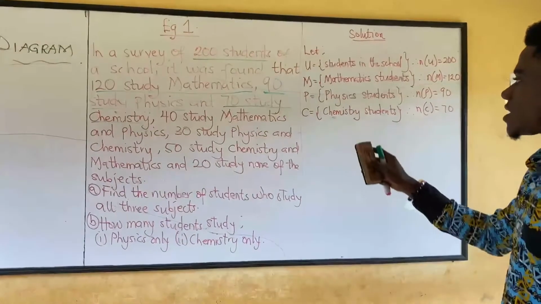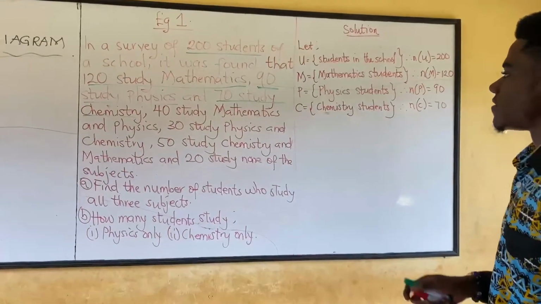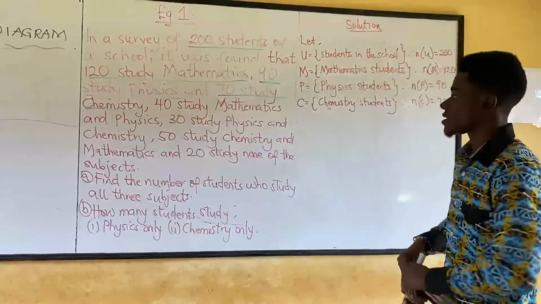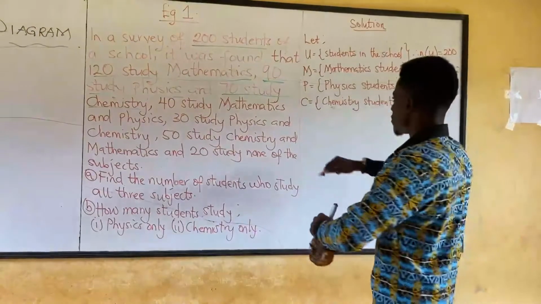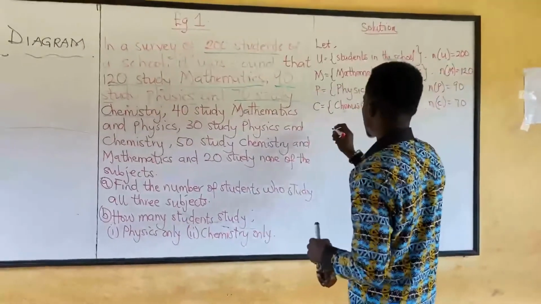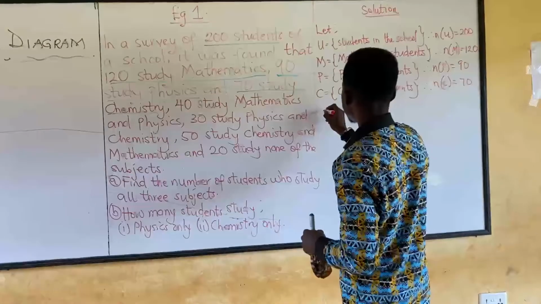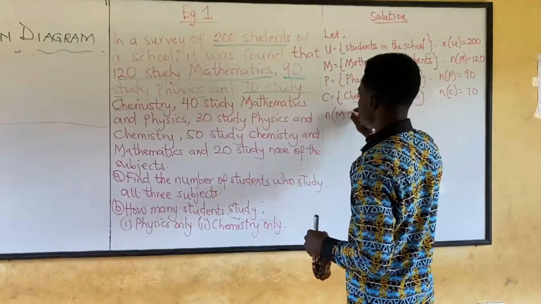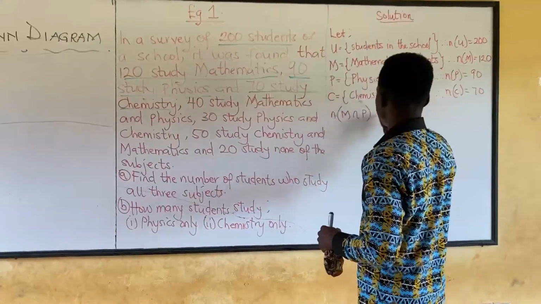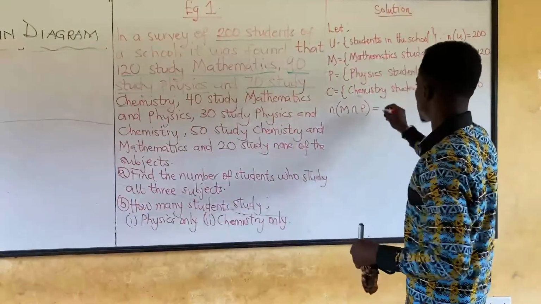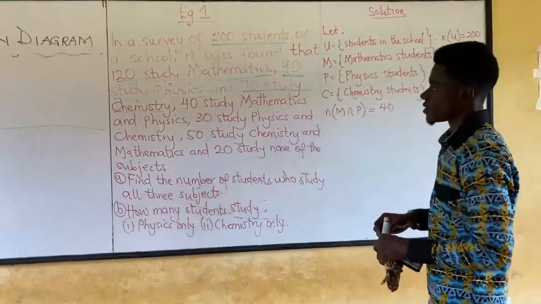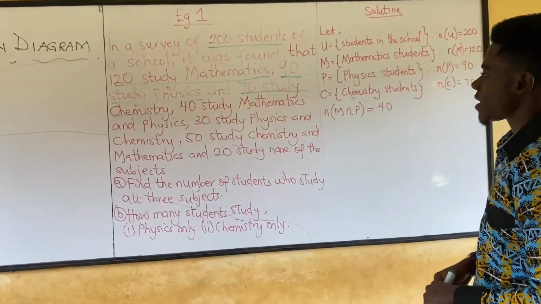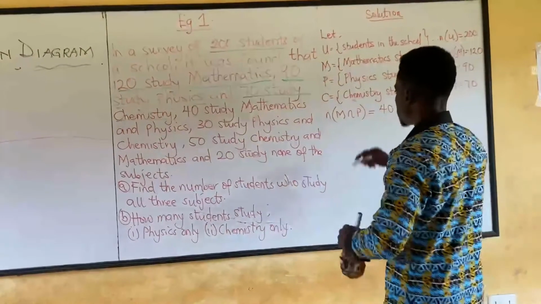So there are 40 study mathematics and physics. So it means that those who study math and physics are 40. So that one we can write it as number of M intersection P is equal to 40, because it said 40 students study mathematics and physics, 30 study physics and chemistry.